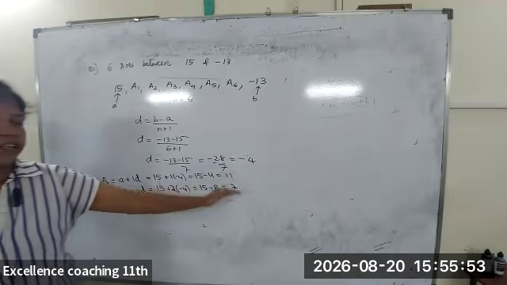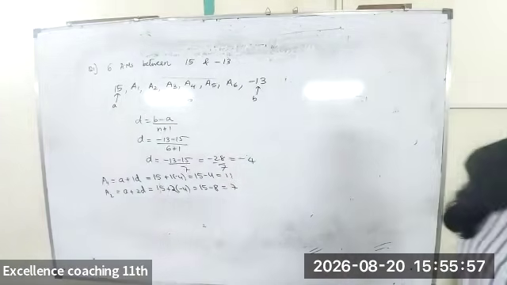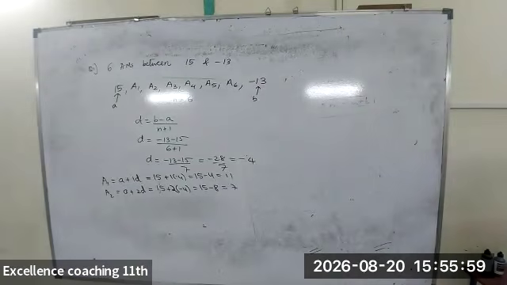Basically, we see it is going on reducing by 4 at a time. Up till A6 you have to do. No need to do the calculations again, you know that.